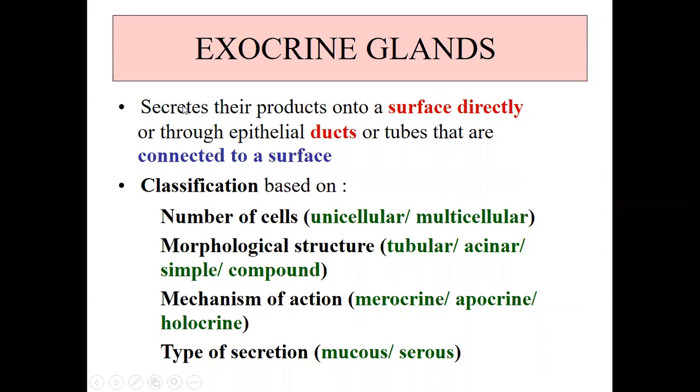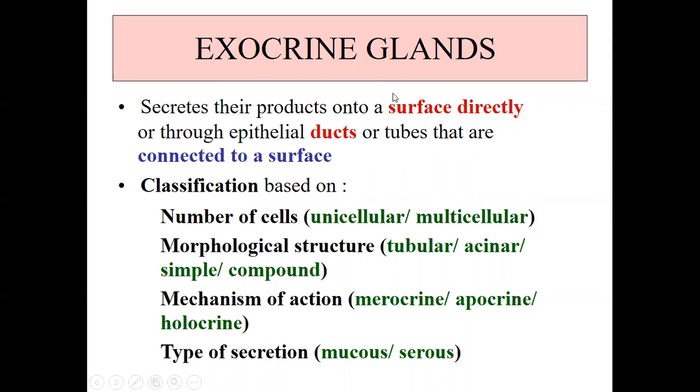Okay. Earlier in my presentation, I mentioned that the exocrine gland secretes its product onto the surface directly, or through the epithelial duct. Initially it secretes the product into the duct, or tube, and later this duct is connected to the surface.